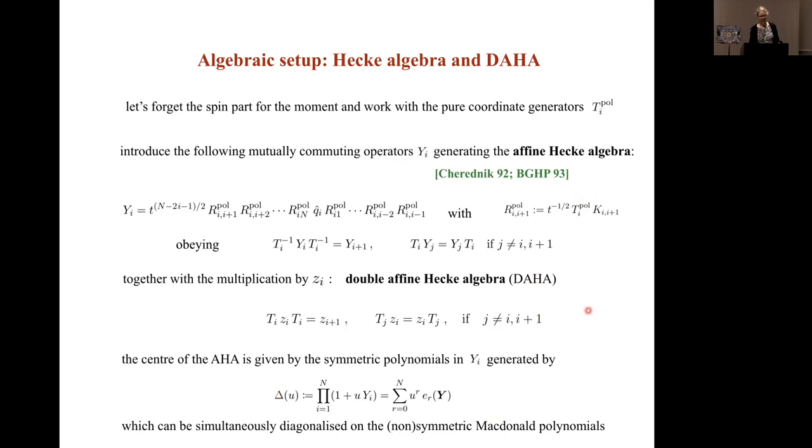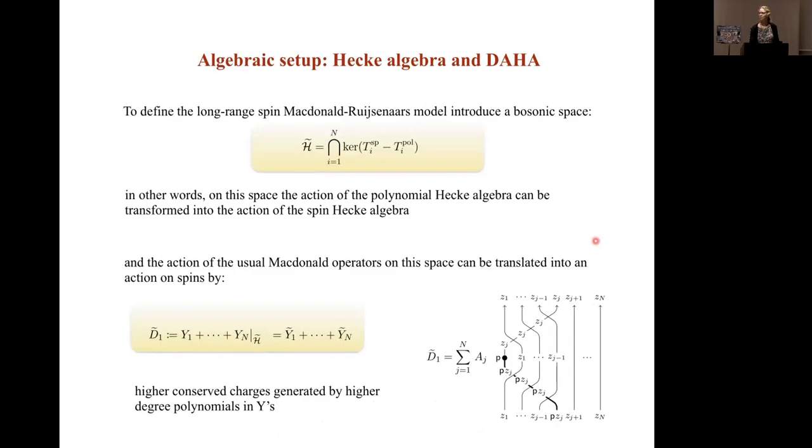So that's something which was known long ago. This is a spinless model. Now, based on this, one can define the spinful model. Again, by using this trick where you work with particles with eigenfunctions which are symmetric under permutation of spins and coordinates, and this is formally defined by the space which is the intersection of the kernel of the difference between the two types of Hecke generators.